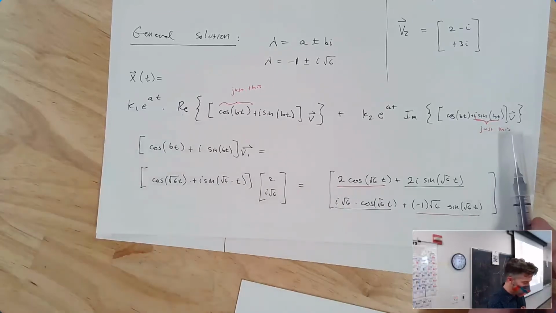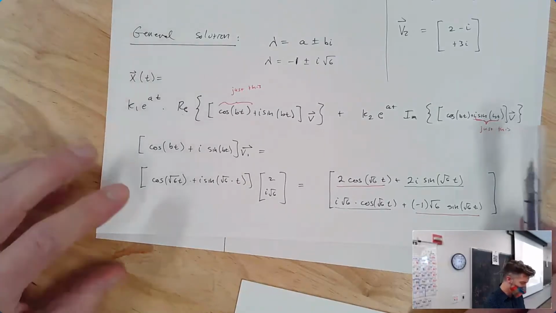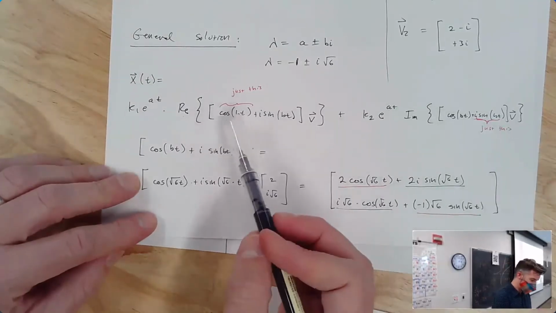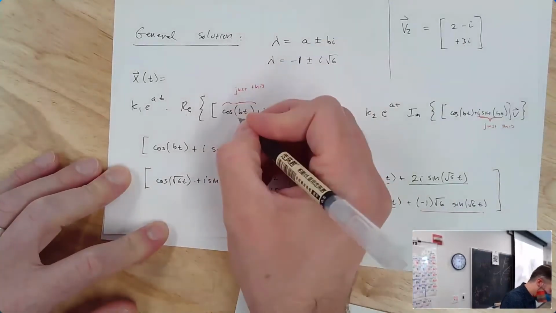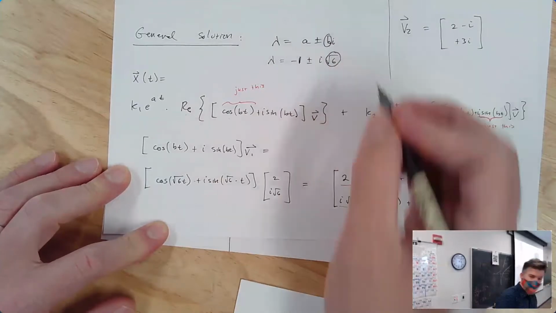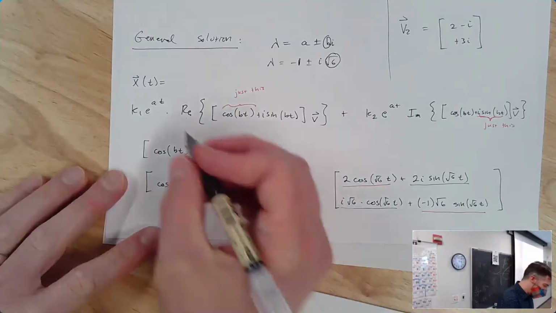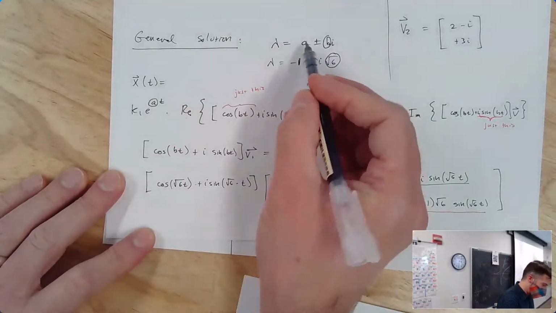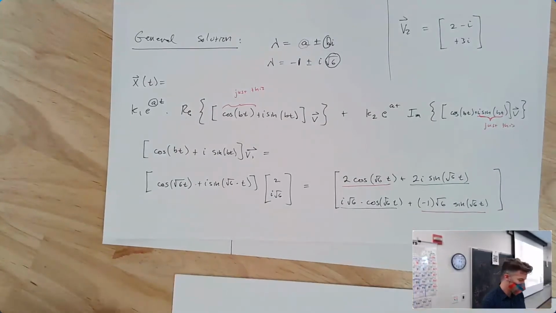We just said this is the formula for the general solution if you have imaginary eigenvalues. The cosine of square root of 6t comes from the fact that this part here is this b value. The b value is the imaginary part of the eigenvalue, and the a value is the real part of the eigenvalue.